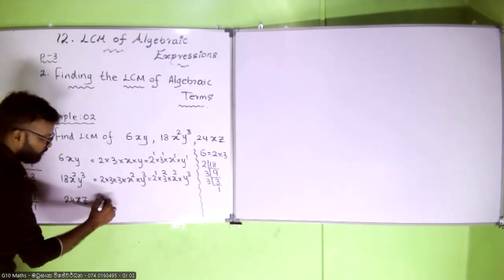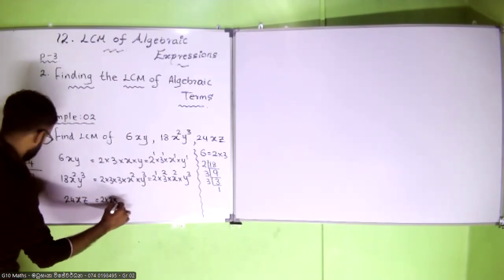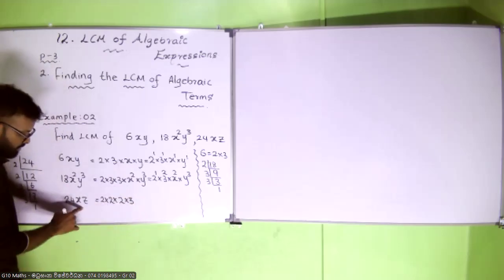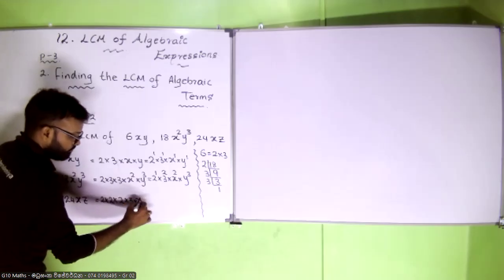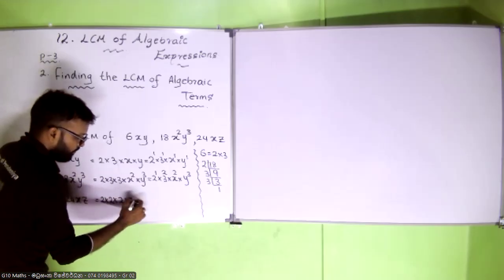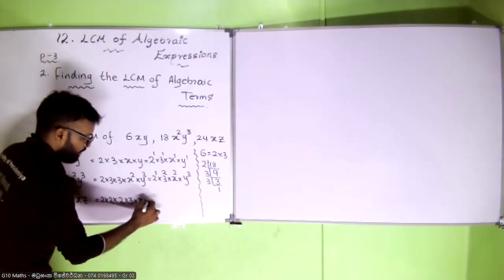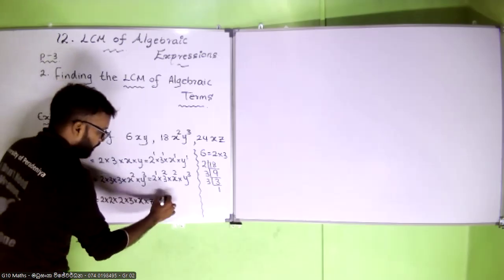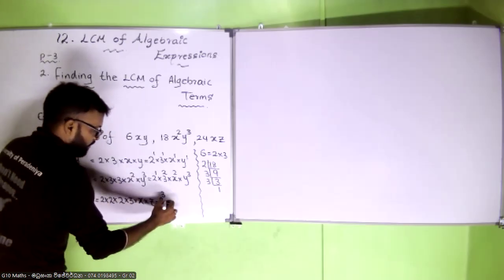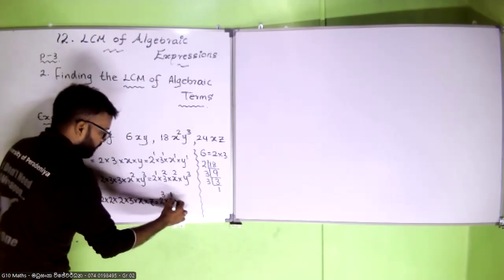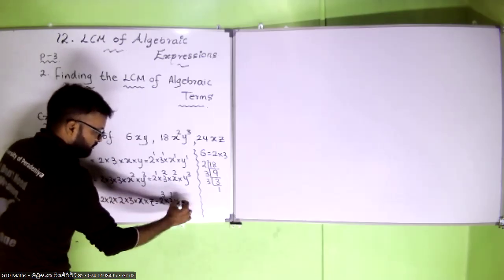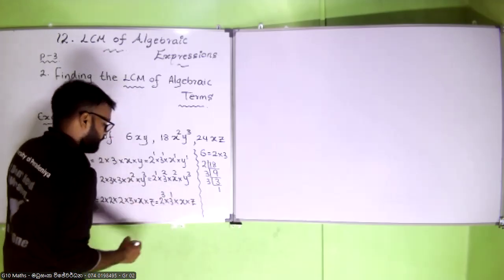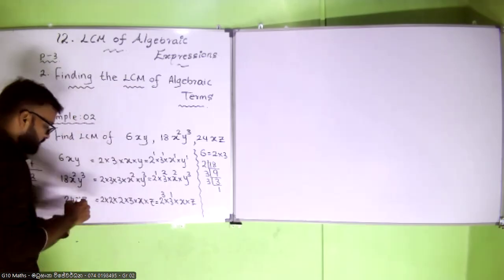So it is something like 2 times 2 times 2 times 3 times x times z. So you can achieve this: 2 to the power 3 multiplied by 3 to the power 1 multiplied by x multiplied by z. Right? Okay. Now this is it.